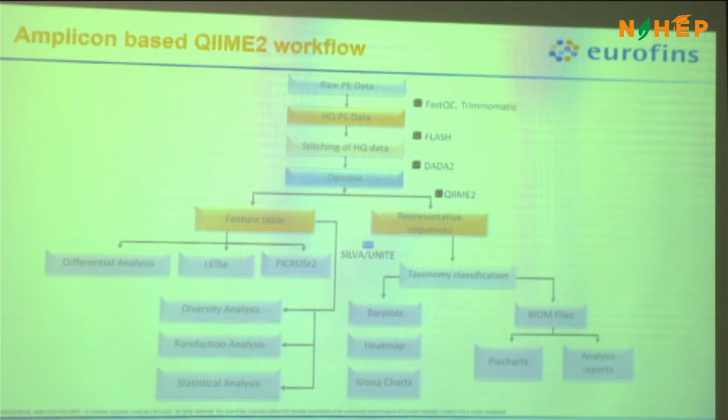Here we talk about different samples having different bacterial abundance. So how one sample differs from the other, we can know from differential analysis. Then we have PICRUSt2 and Tax4Fun. These are specific for amplicon-based 16S analysis where we can do functional analysis.